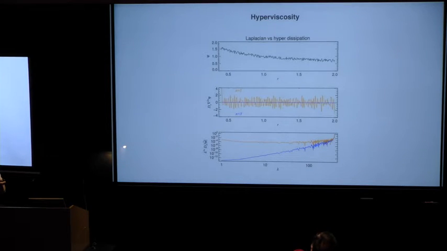You see the shape didn't change much. The lower plot shows the power you get from these two dissipations. The idea is that near the grid scale you get the same dissipation you would get from Laplacian, but at the integral scales of the flow, like near k equal 1, the blue line, you get much less power. So there you are close to inviscid.